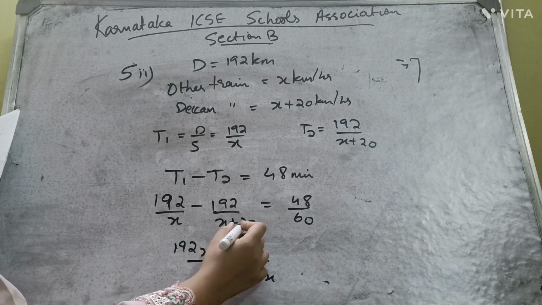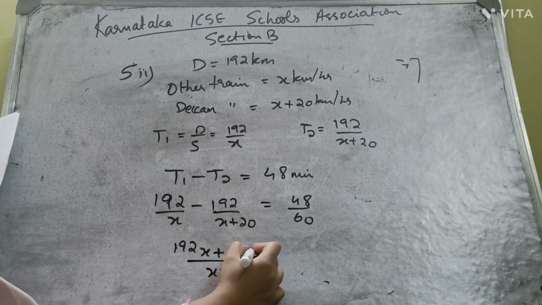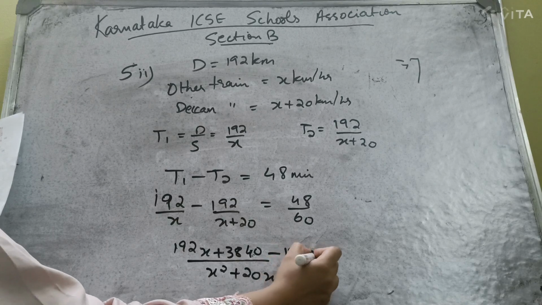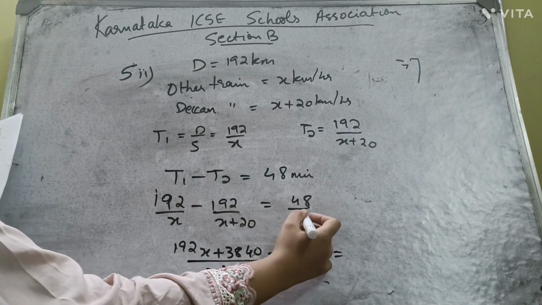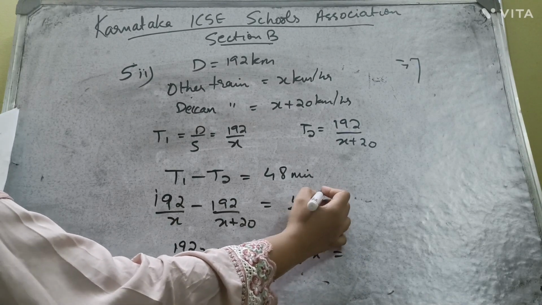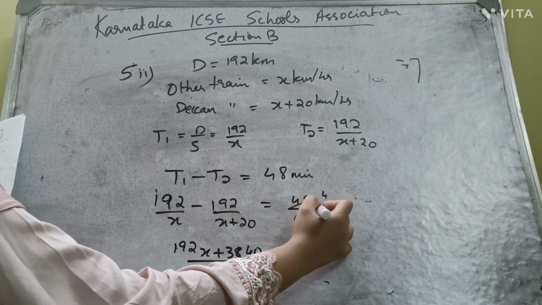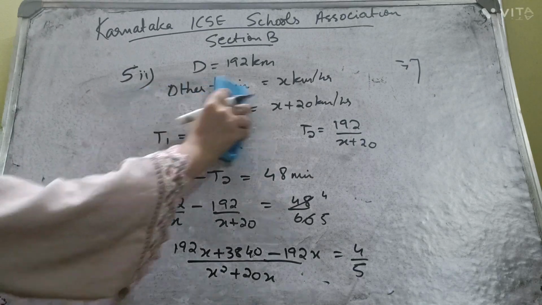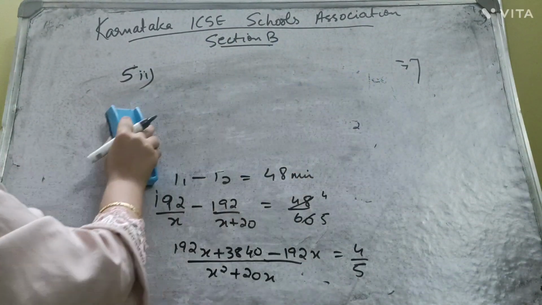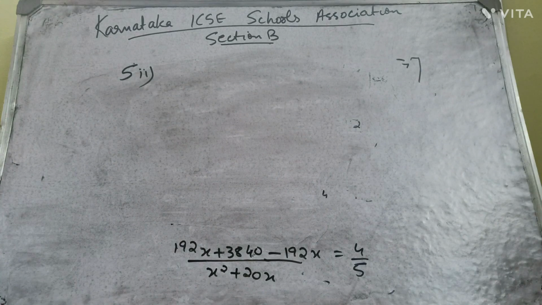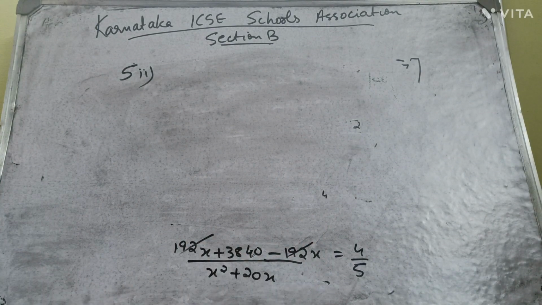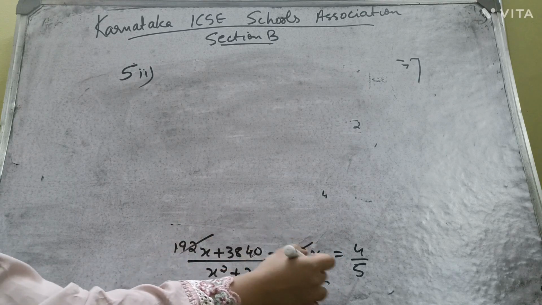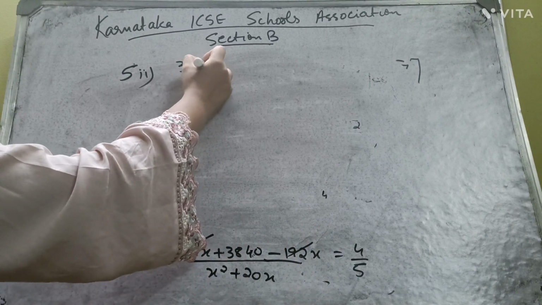Here you have 192x plus multiply this 3840 minus 192x is equal to, simplify this fraction, you will get 12, 4s are 12, 5s are 4 upon 5. Here plus 192x and minus 192x gets cancelled, and then you can cross multiply these two fractions.